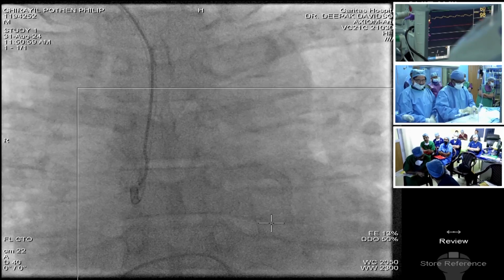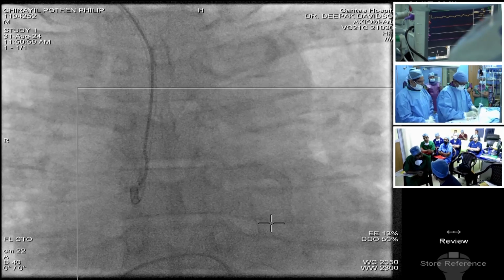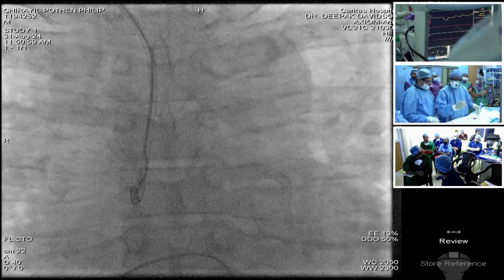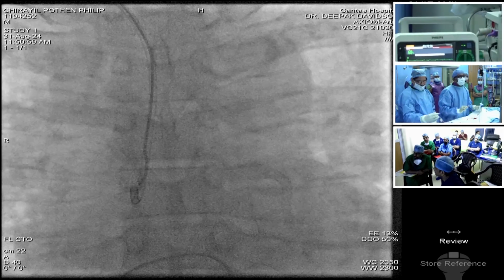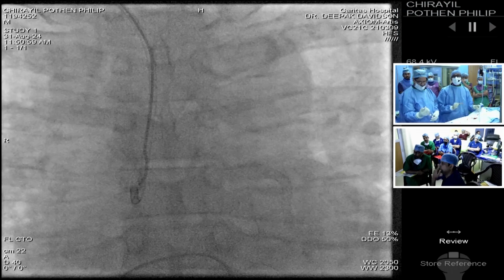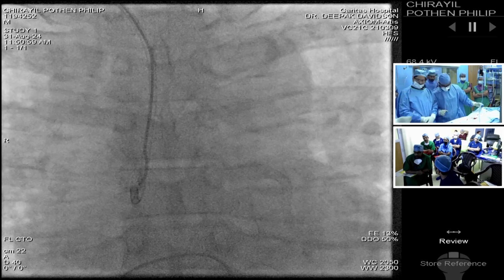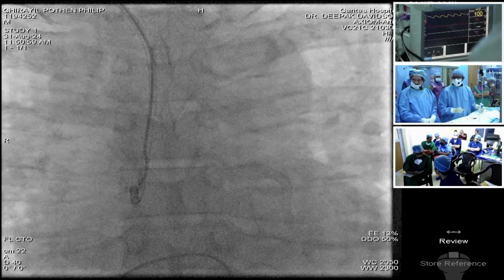OCT, is it ready? Get me another Y catheter. Keep the OCT catheter ready. Y connected. Quarter wire.